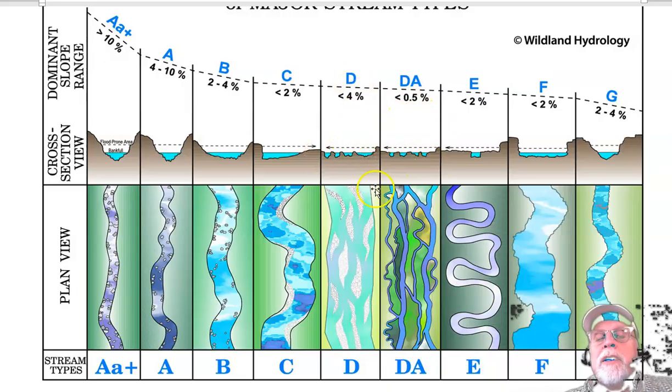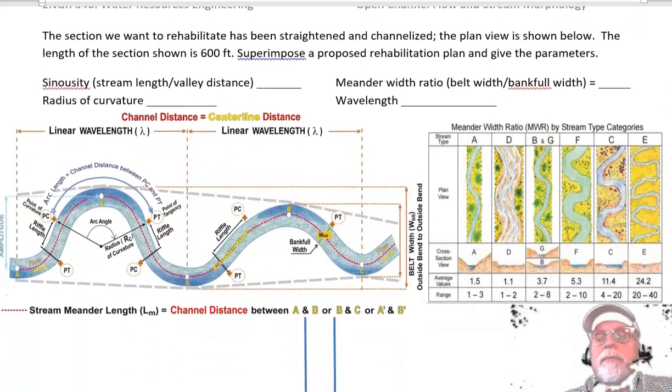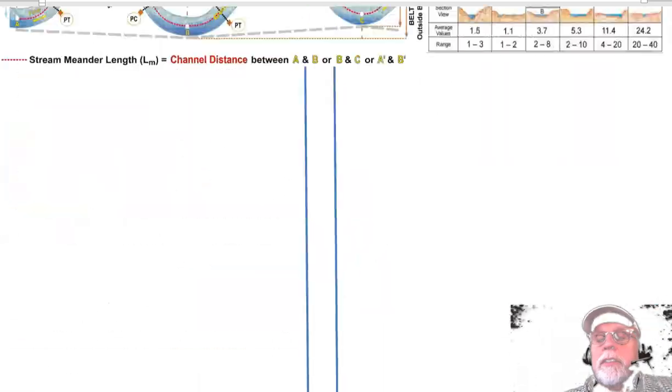D and E are braided channels, a couple of different variations. This one has a bunch of gravel bars, and this one is cutting through different paths in the gravel floor. E is also pretty flat, and it just meanders back and forth like that.